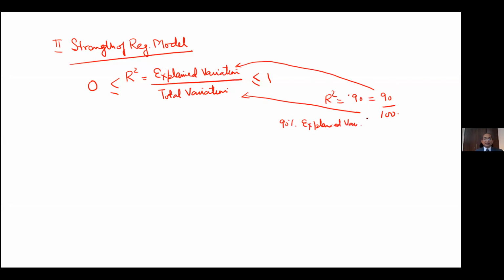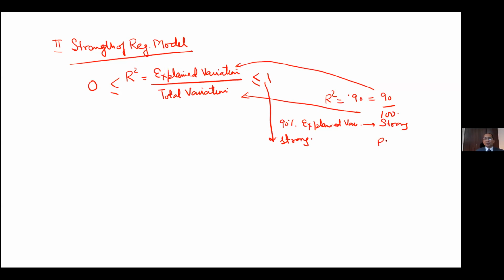Means if there is a change of 100 in the dependent variable, 90 is because of the proposed model, right? So here a high percentage of variation has been explained. So obviously this model can be said to be strong. If values are near to 1, then we can say that our proposed regression model is strong.